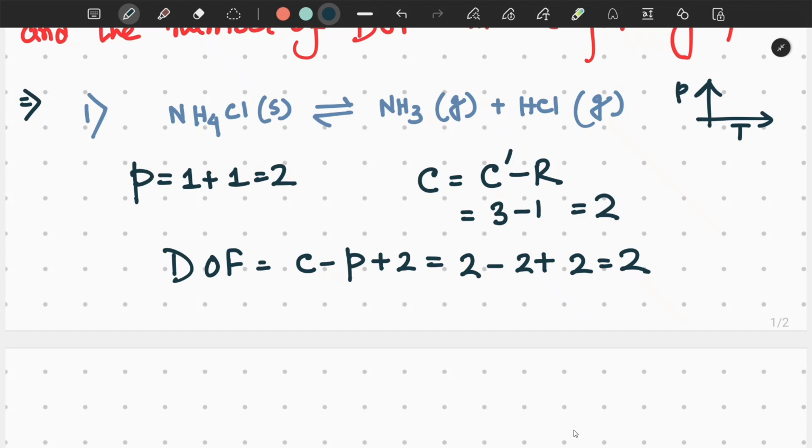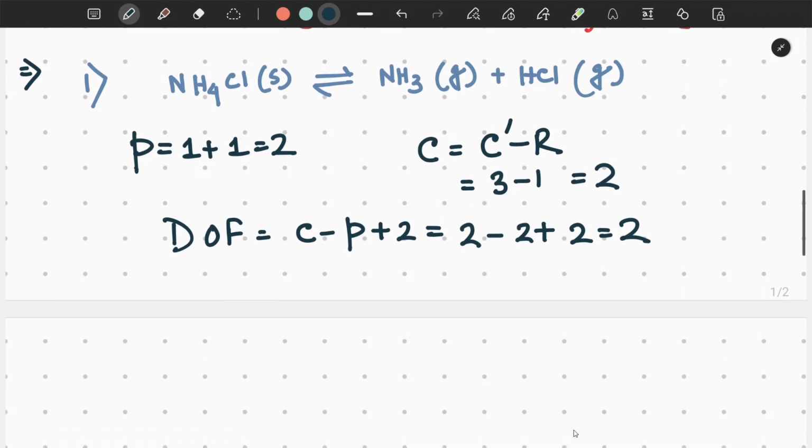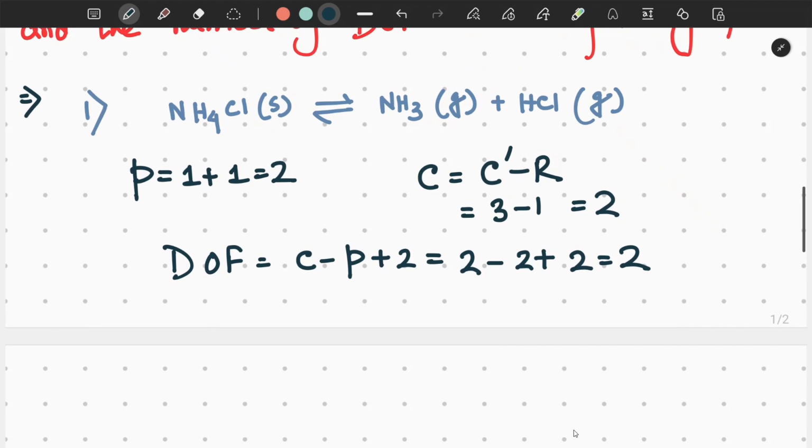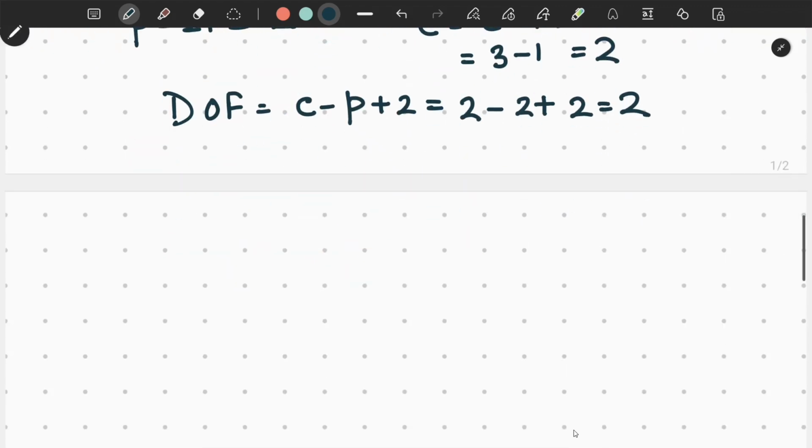If there is only one degree of freedom, you will understand right now. But here it's clear that it is two. And how can I find the restriction? Here you can see the restriction. When there is the equilibrium sign, there is restriction 1. Any kind of restriction it can be. Just look at this question, you will understand: above equilibrium. So equilibrium is a restriction.